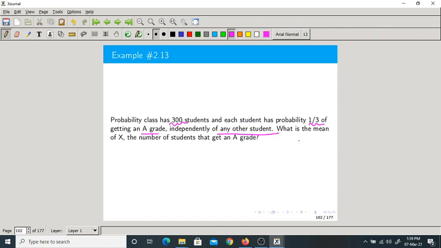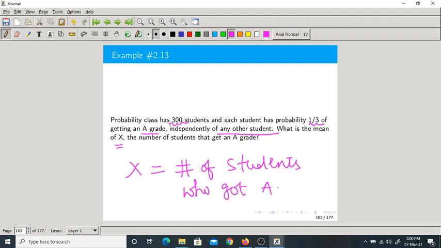They are asking what is the expectation of random variable x, but what is x? X equals the number of students who got A grade. So simply they are asking, in a class of 300 students, what is the mean number of students getting A grade?